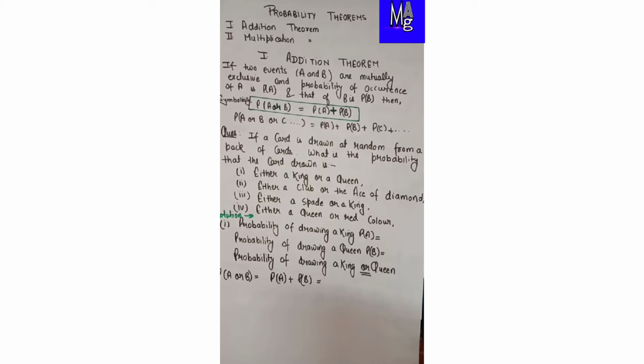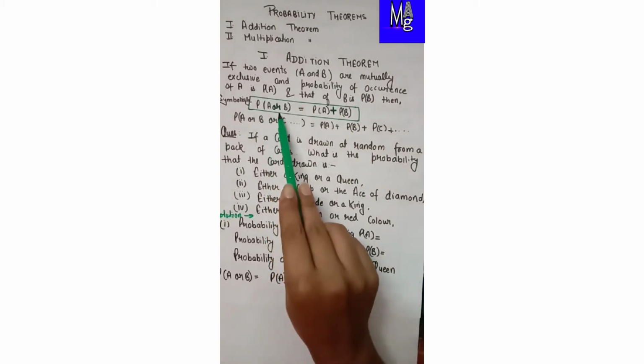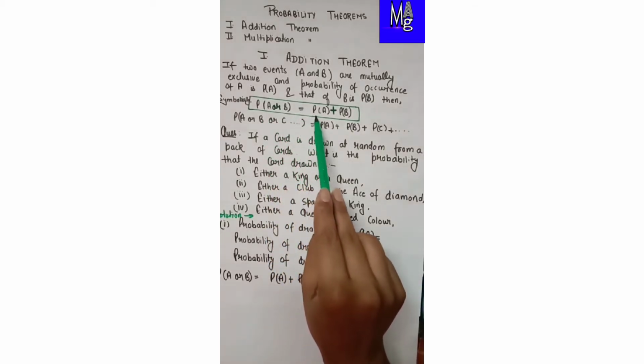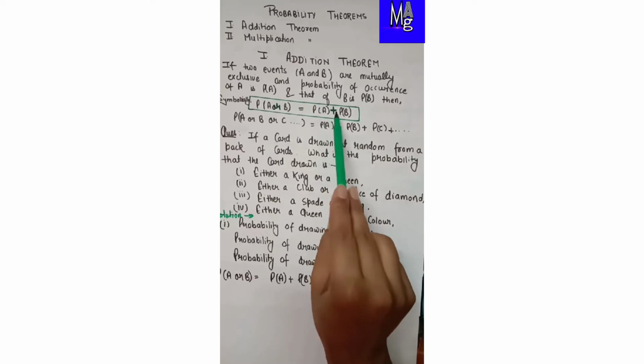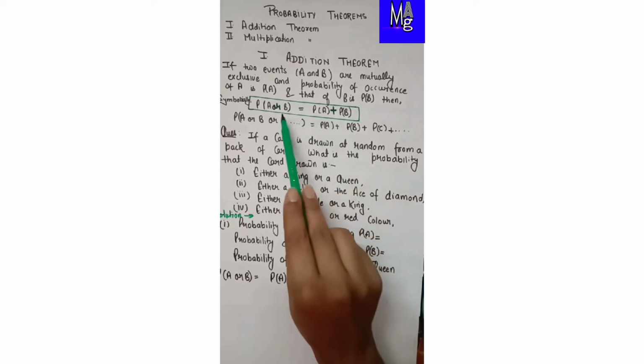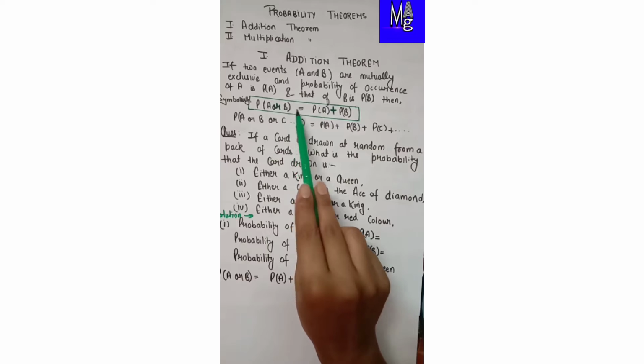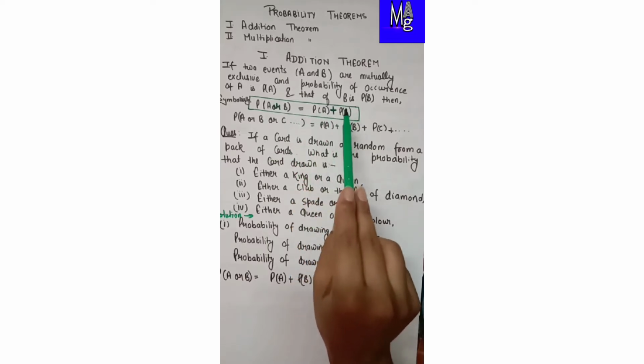So first, addition theorem says if two events A and B are mutually exclusive and the probability of occurrence of A is probability A and that of B is probability B, then symbolically you can say probability of A or B can be denoted by probability of A plus probability of B. That means if any of the question says probability of happening of one event or the other event, then you can solve this with addition theorem itself.